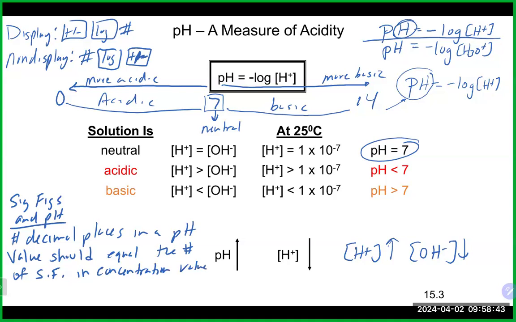So the general rule is, if you calculate something like pH, how far you should really take the decimal places. So we're going from significant figures to decimal places here, equal to the number of significant figures there are in an answer.